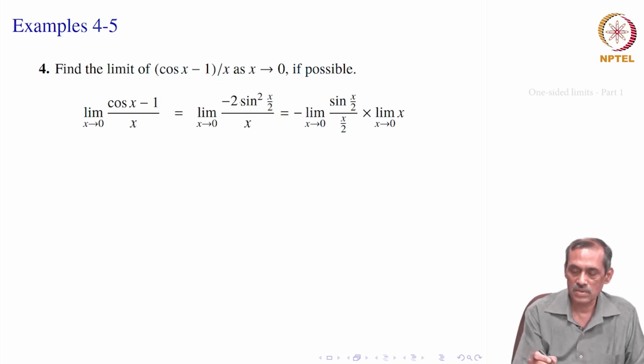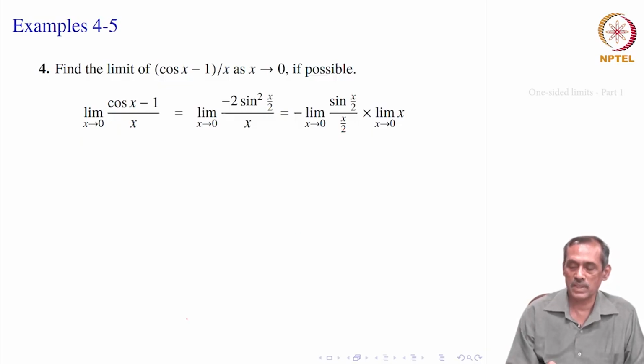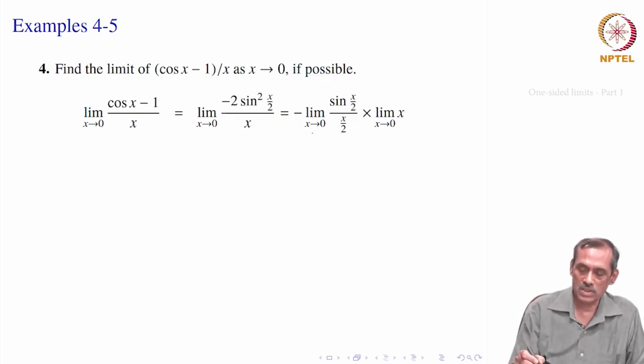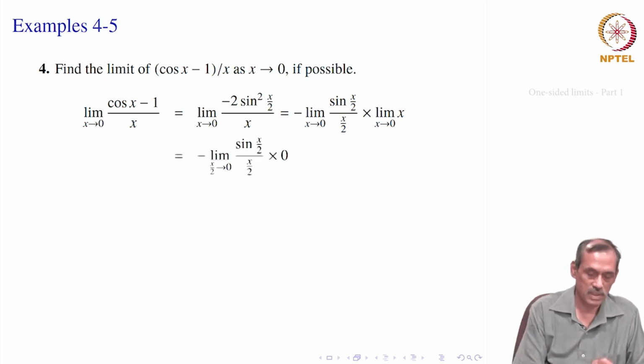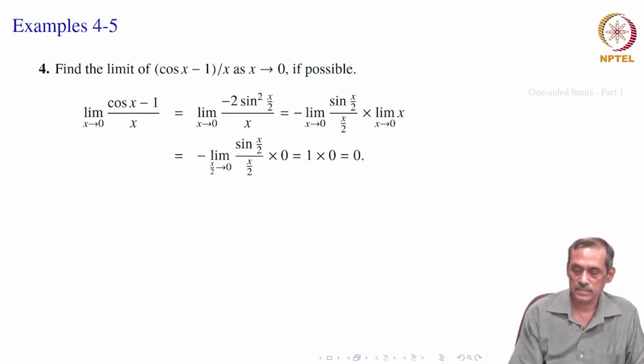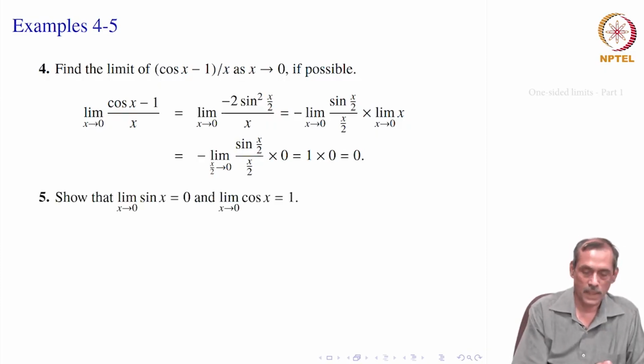The minus sign goes out; we have the limit as x goes to 0 of sin x by 2 divided by x by 2, bringing this 2 down, times x by 2. Now this limit we know to be 1 and this limit is 0, therefore the total limit is 0. So the limit exists, and the limit of cos x minus 1 divided by x is 0.